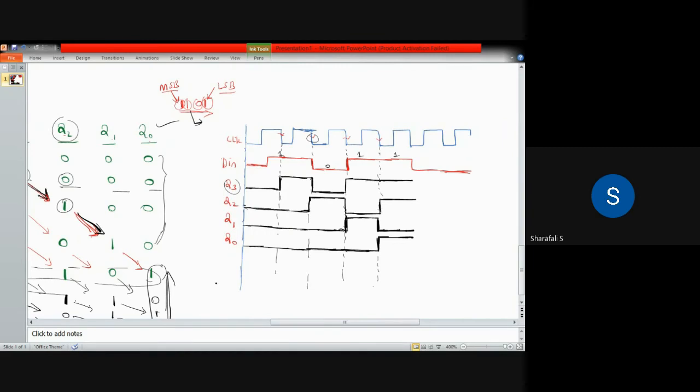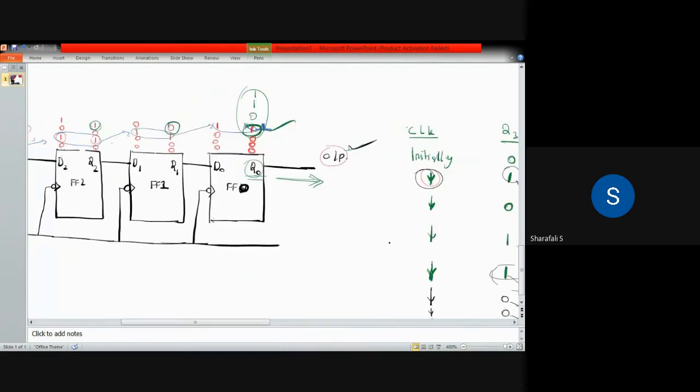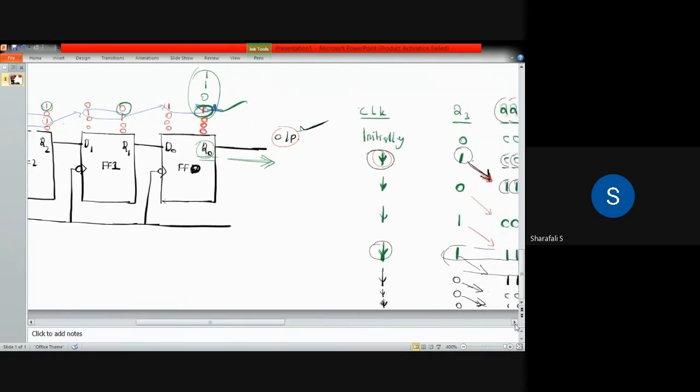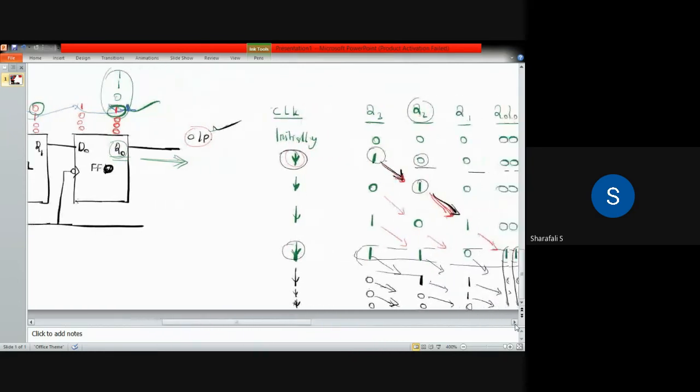So now you can see from that, within that fourth triggering, we have all the data which is stored in the flip-flops.